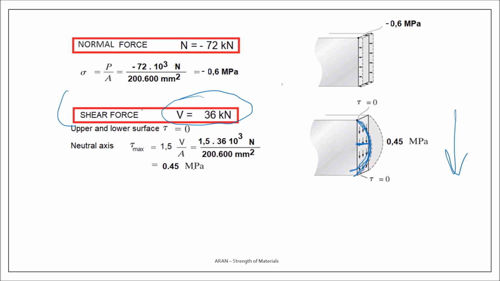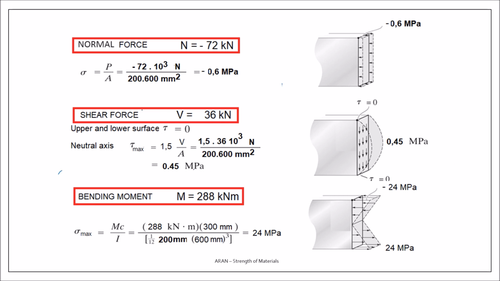It's maximum on the neutral axis. Its value is, for rectangular section, you can calculate V over A, that's the average shear stress, times 1.5 gives you the maximum value. Okay, so I have the stress distribution due to normal force, and I have the stress distribution due to shear.